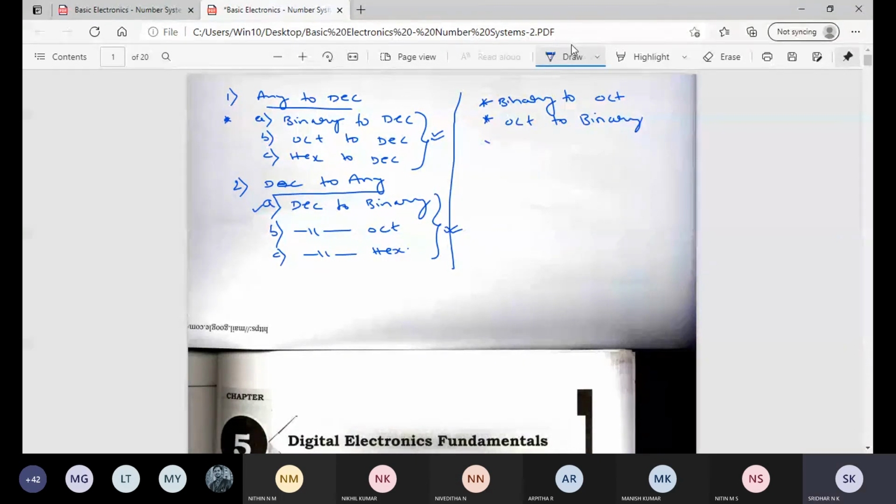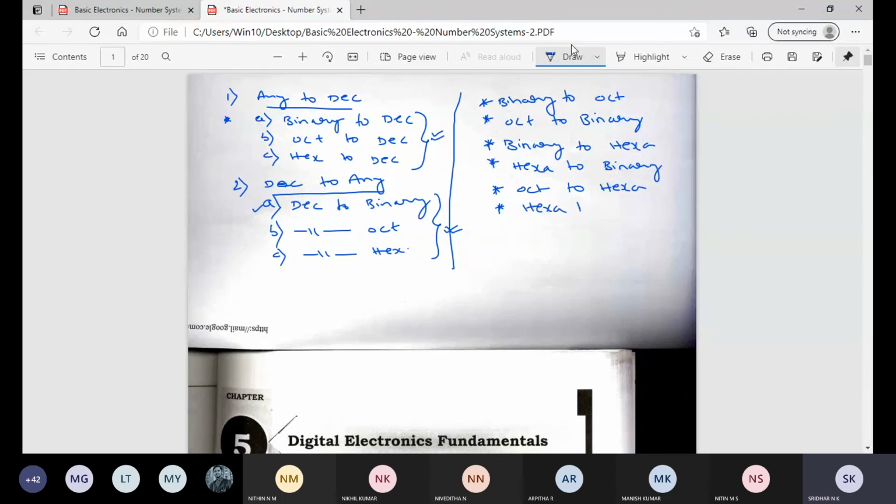And next we need to do binary to hexa, and vice versa, hexadecimal to binary, and octal to hexa, and vice versa, hexadecimal to octal. So this procedure is a bit different from this. It is quite easier and you'll enjoy doing this. This we'll do in the next class.